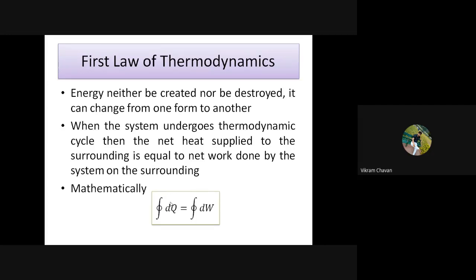Energy can neither be created nor be destroyed. It can change from one form to another.